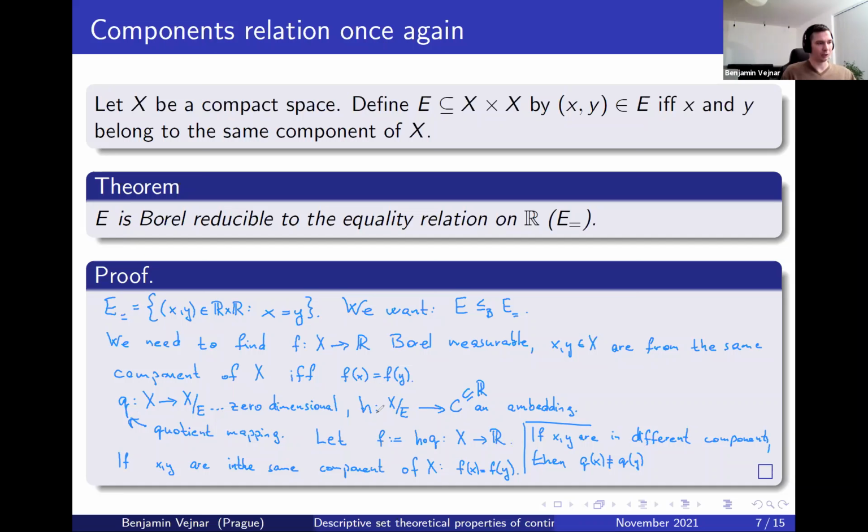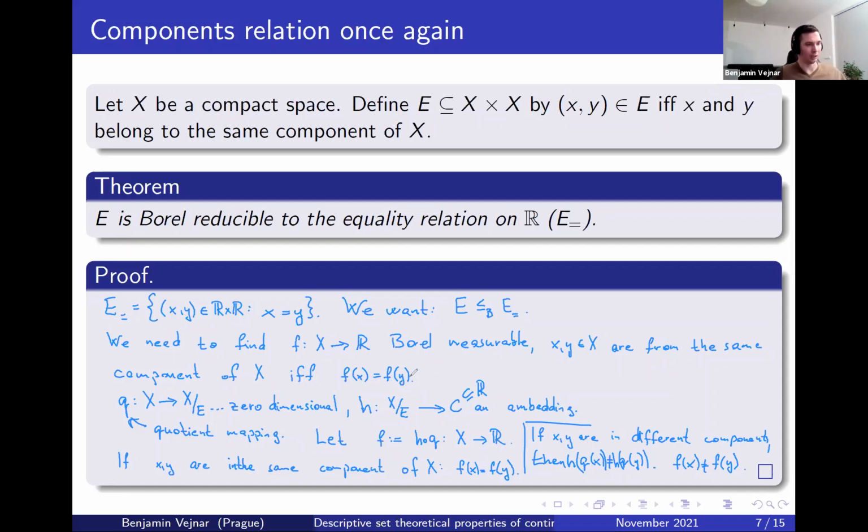But since this H is an embedding, it follows that H applied to Qx is distinct from H applied to Qy. All right. So especially Fx is not equal to Fy, which means that x and y are from the same component of X if and only if Fx equals Fy.